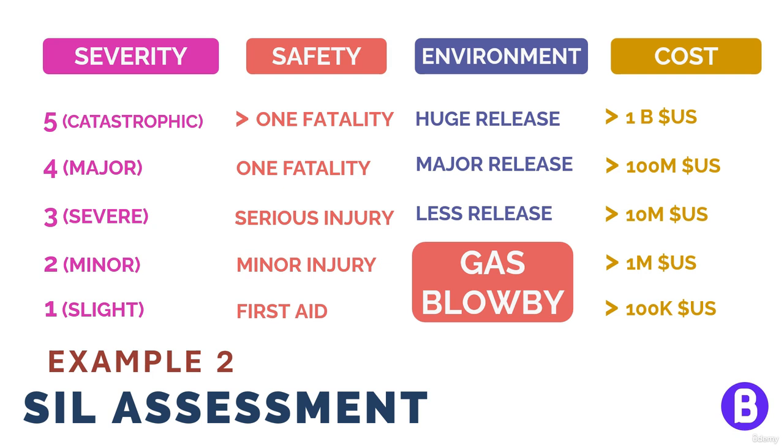This shall lead to massive damage and may lead to an explosion, which at the end shall lead to multiple fatalities in the area if the area is occupied. It may also lead to a major gas release and to tens of millions of dollars if we are talking about cost. So here the severity shall be catastrophic, which is 5.